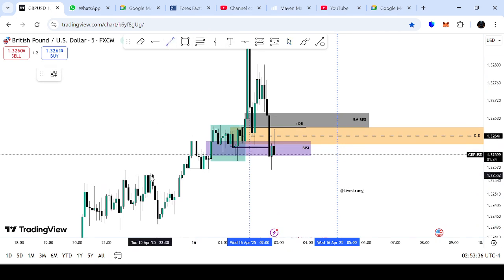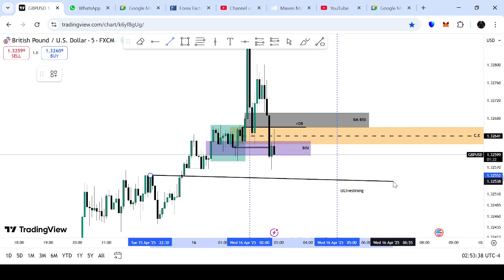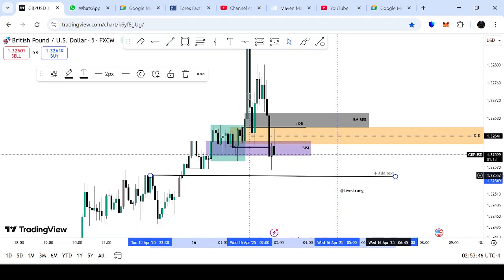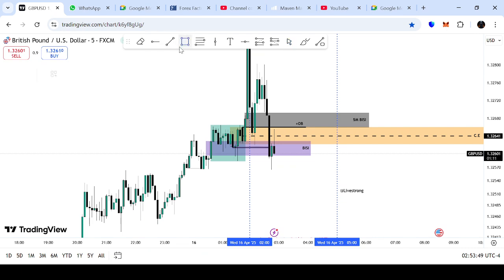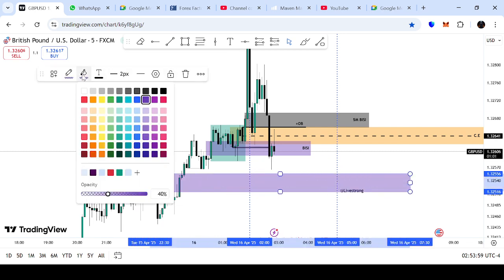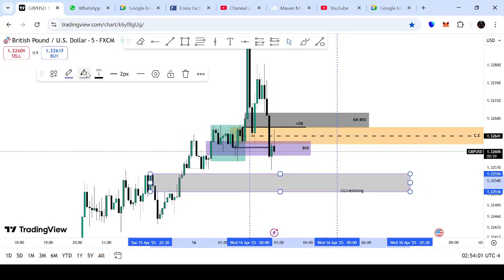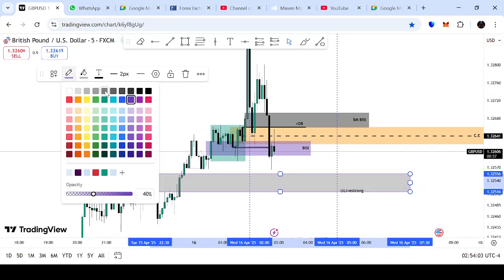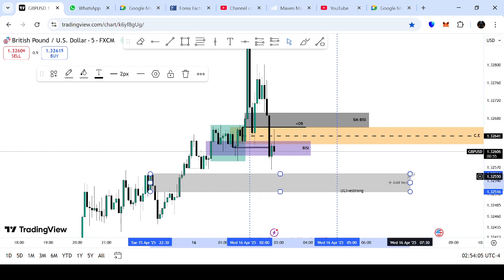There's a breaker here. The up close candle, it's a breaker. A breaker block.